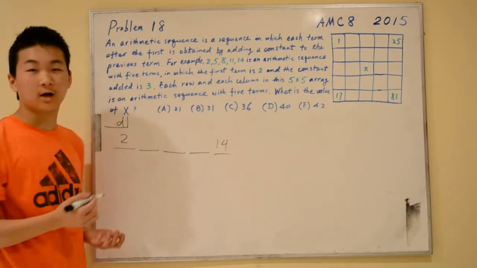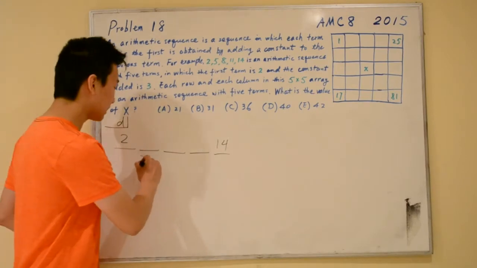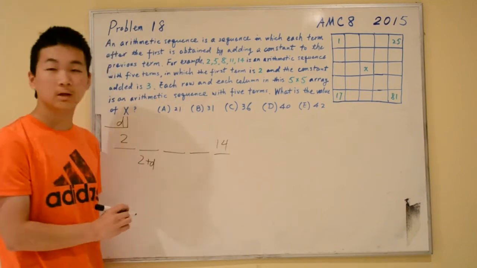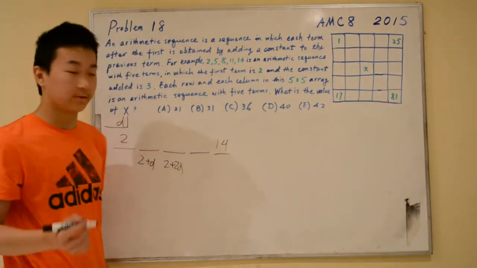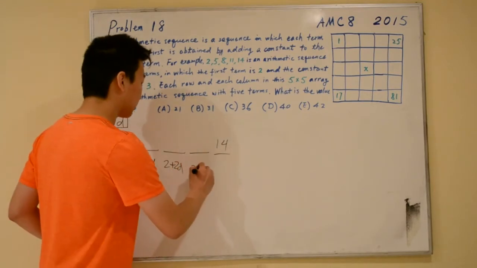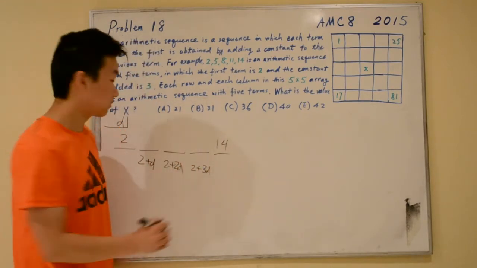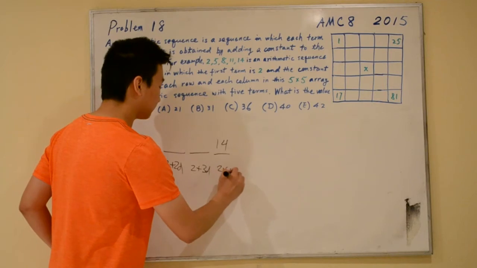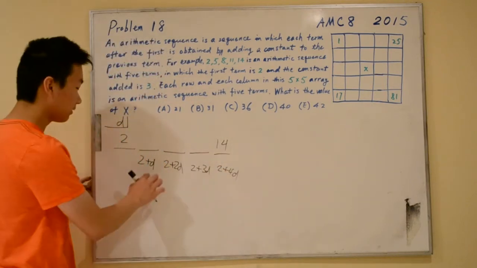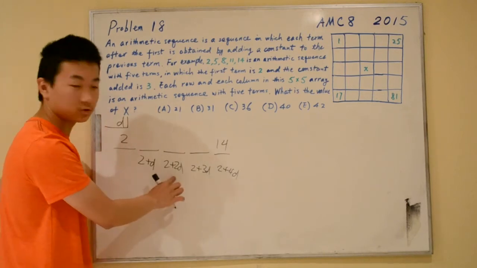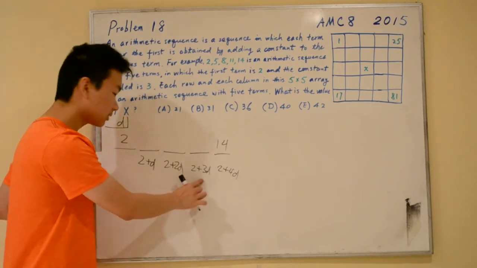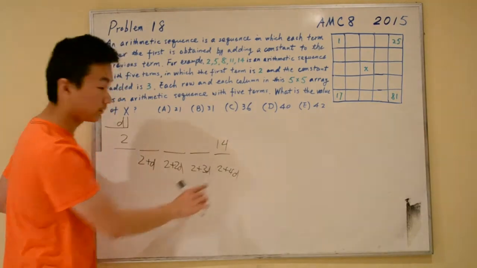Okay, so if the constant is d, then the second term should be 2 plus d. The next term should be 2 plus 2d. The next term is 2 plus 3d. The last term is 2 plus 4d. So basically, from here to here, you increase d. From here to here, you also increase d. From here to here, another d, and another d.